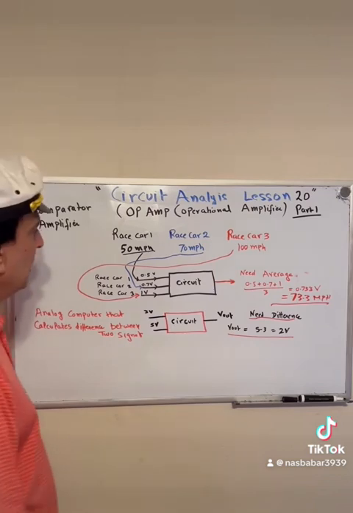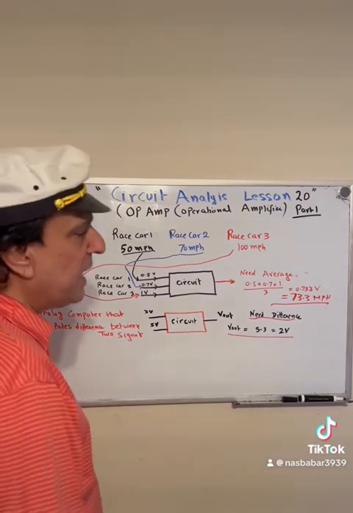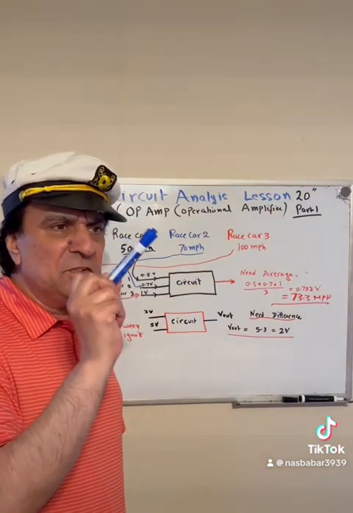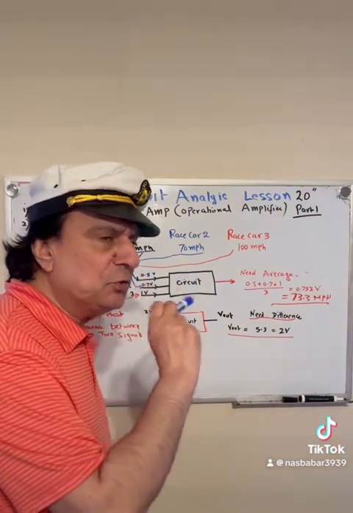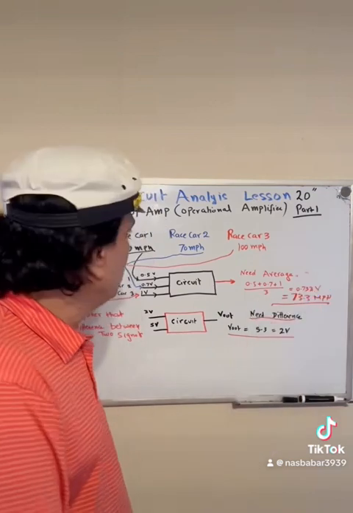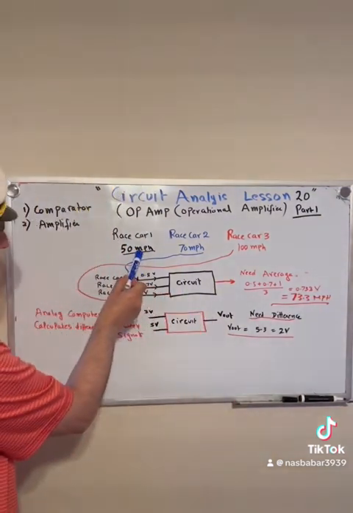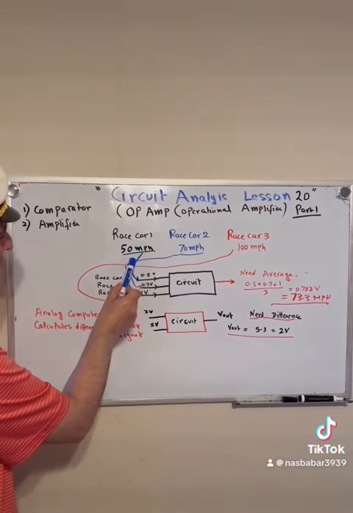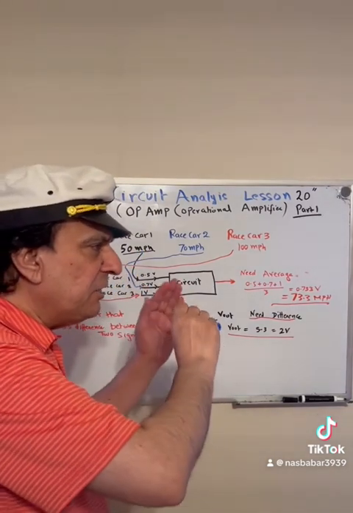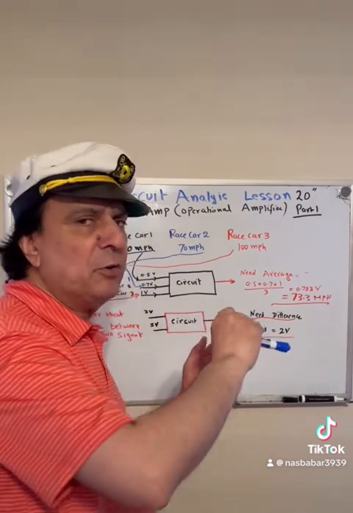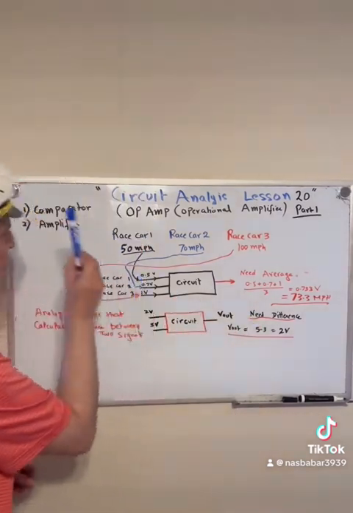All right? So what we do is that we have sensors in the field, okay? These sensors can sense and see what's the speed of the car. So the first one, we have a sensor and it senses 50 miles per hour, and then it translates 50 miles per hour into 0.5 volt.